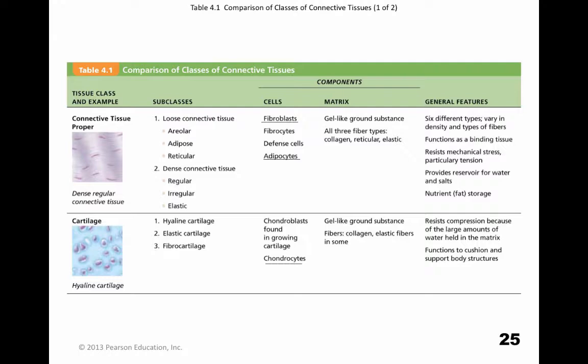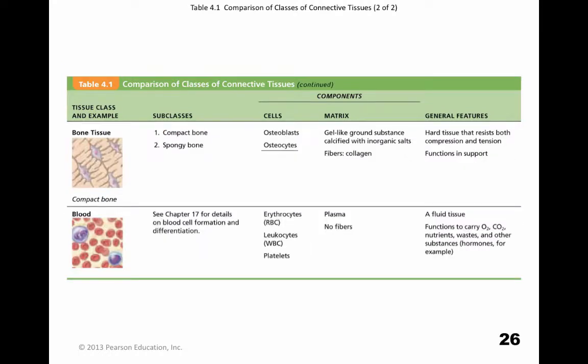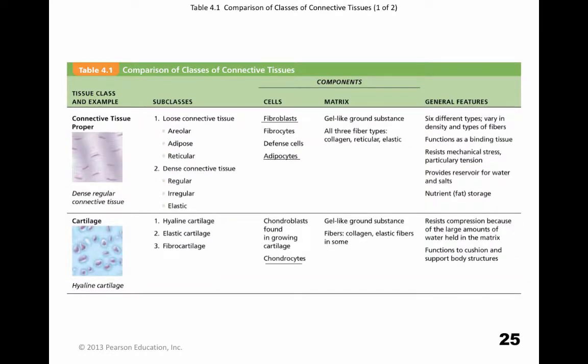And essentially, we're going to go through every single one of these and look at it and identify the subclasses, the cell types, the matrix or the ground substance, and the general features of each. But you can physically notice there is a difference when looking at the histology of what they look like.